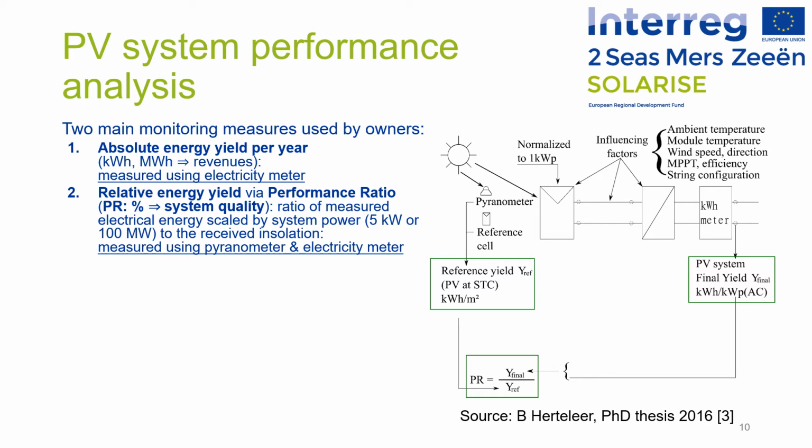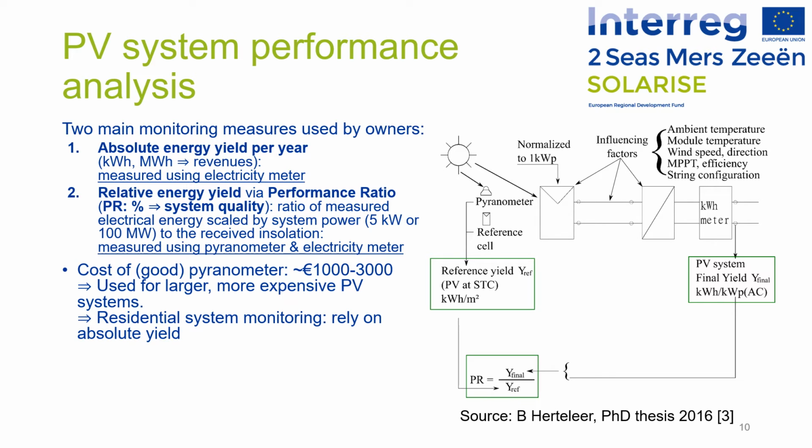It is the ratio of the measured electrical energy scaled by system power, so that you can compare a 5 kilowatt or 100 megawatt system to the received insolation. And that is measured using a pyranometer as well as the electricity meter.